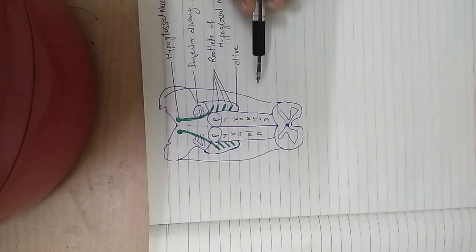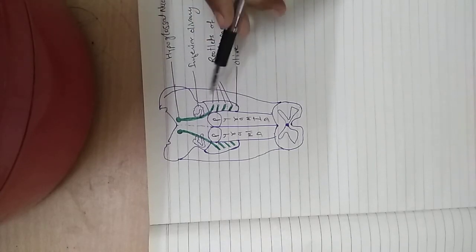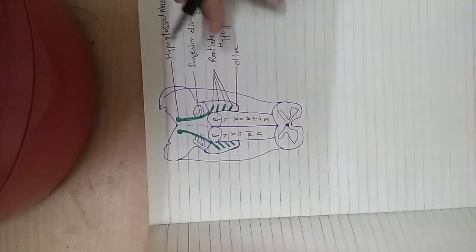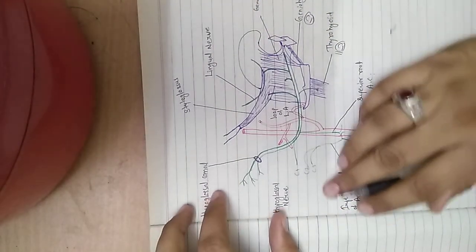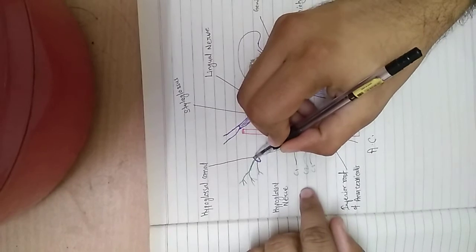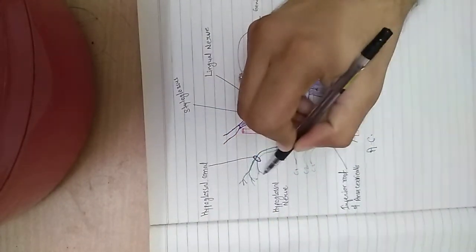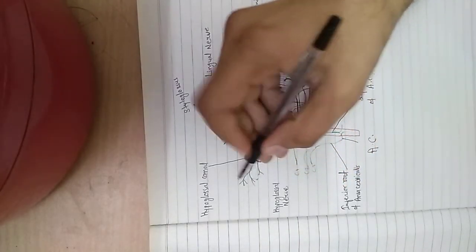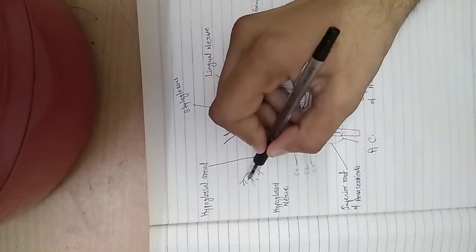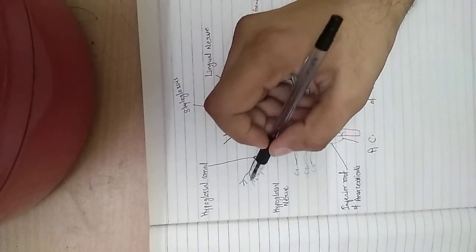And now we study about the course of the hypoglossal nerve. You can see in this diagram, the rootlets of the hypoglossal nerve are coming out from the ventrolateral aspect of the brain between the pyramid and the olive.